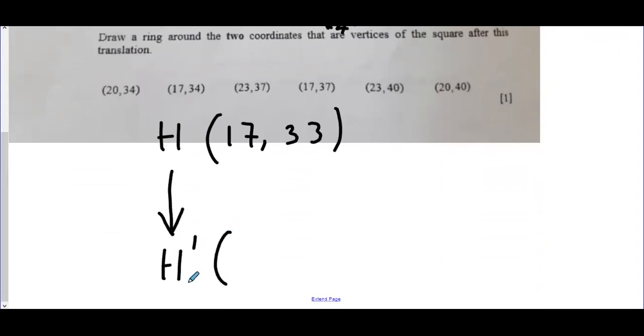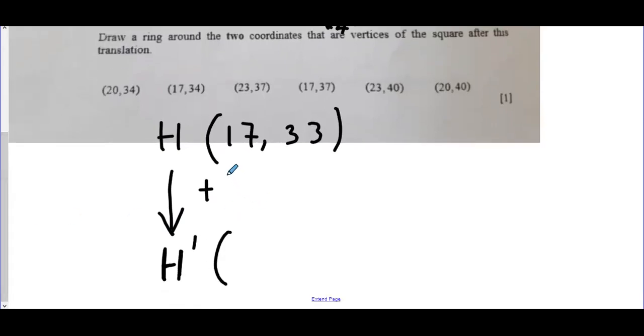And what will be the coordinates of this H dash? To get the coordinates of H dash, we simply add what we call the translation vector, which is 3, 4.